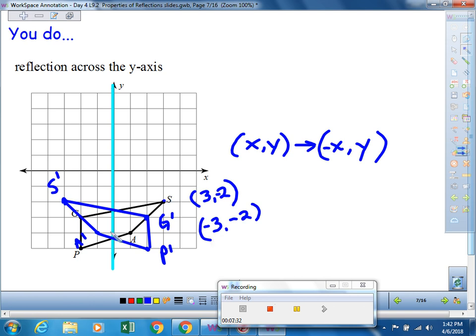So this is S. Is S prime at negative 3, negative 2? Negative 3, negative 2, yes. So that's what this is telling you. It's telling you your pre-image becomes this. So yes, you have to have everything.